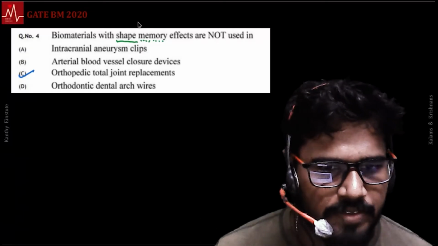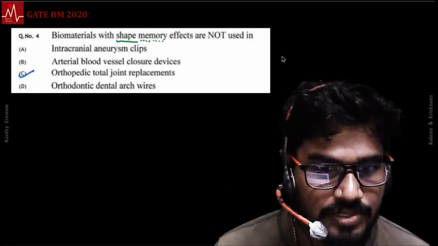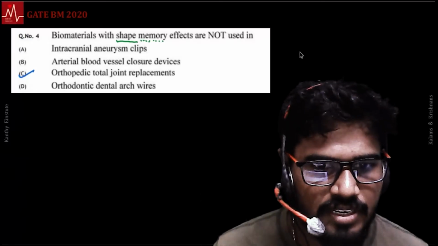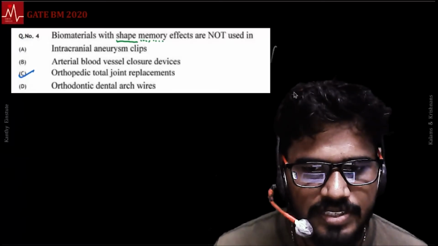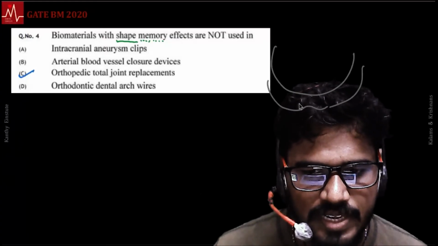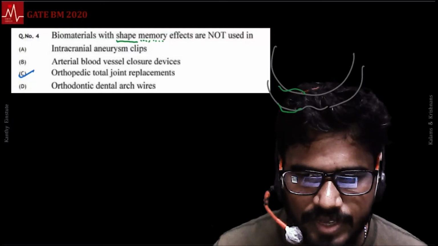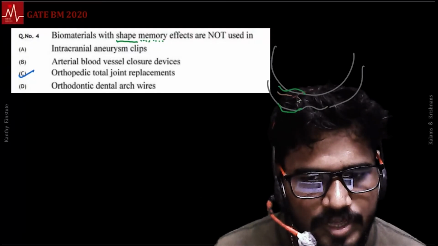But to quickly give you a point, take the intracranial aneurysm clip. This is inside the head. Let's say there is a circle of Willis or something like that, and one of the parts is bulging, so you're going to place a stent over there, right?